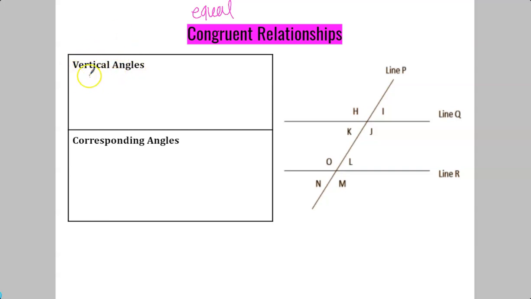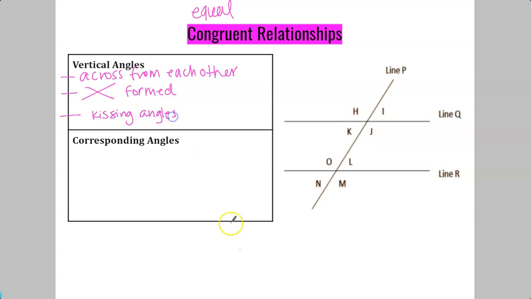Vertical angles are angles that are across from each other, and they're found when you see an X formed in a figure. We also call these the kissing angles, and I'll show you why in a moment, which seems kind of silly, but we call them the kissing angles.